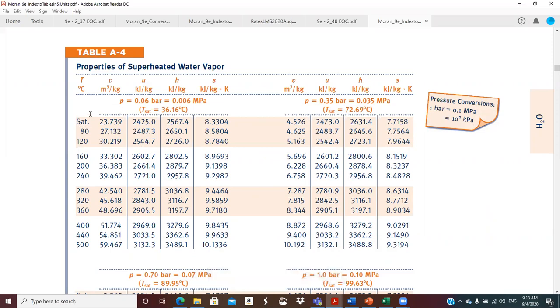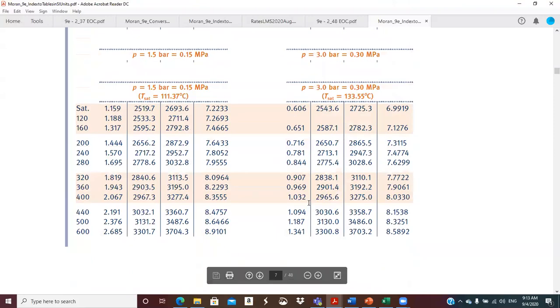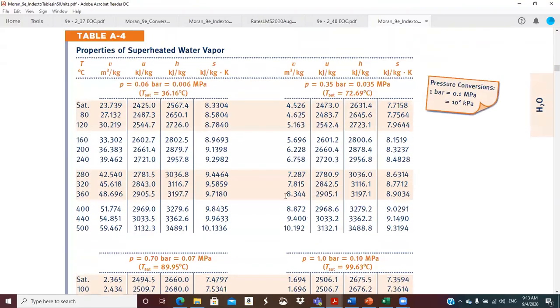We're given a pressure, the saturation temperature, and the saturation properties of the saturated vapor. And then as we increase temperature at that same pressure, we go on out, up to 500 degrees C in this table. At least at this pressure, that probably changes as we go. But you get a different entry for different pressures.